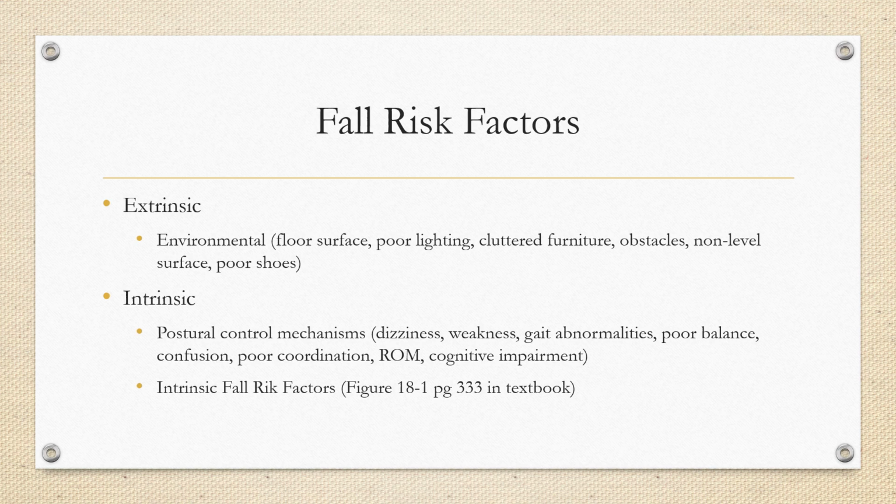Most falls happen due to a variety of factors and not always just one risk factor. It's important to identify those at risk for falling, and specifically the factors that might be at play, and come up with an intervention to decrease those fall risks.